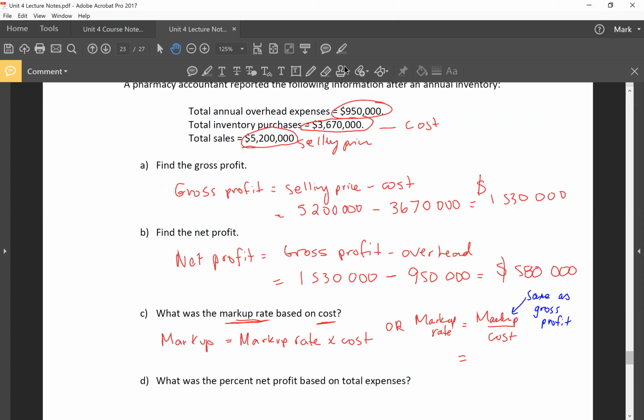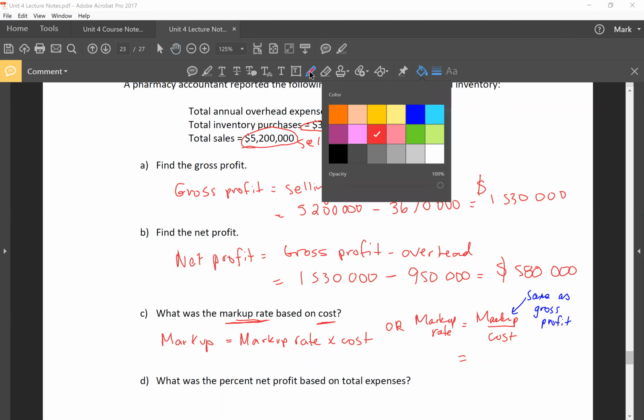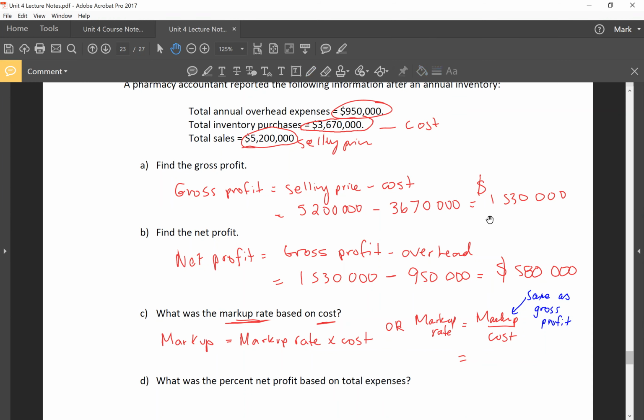Okay, so I'm going to put in my gross profit there. I'll go back to red. So 1,530,000 over my cost.